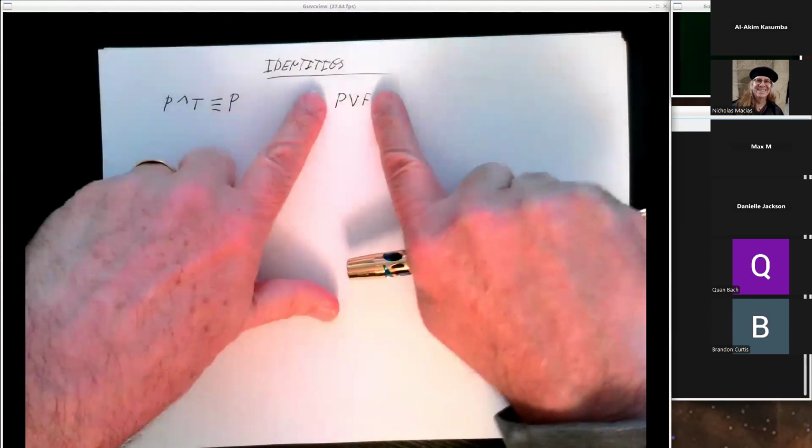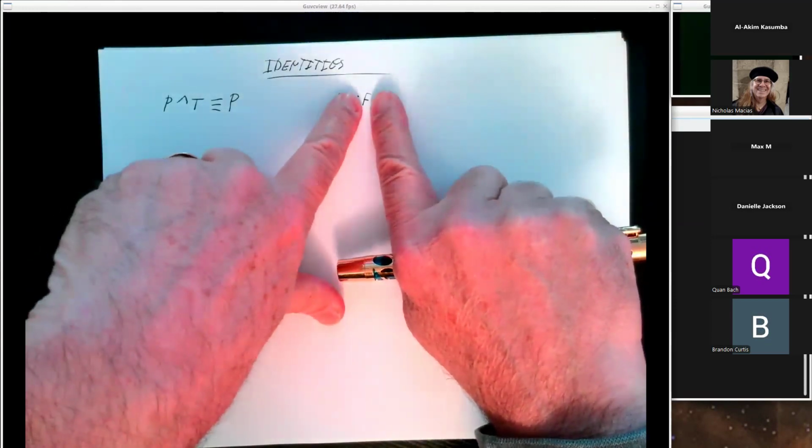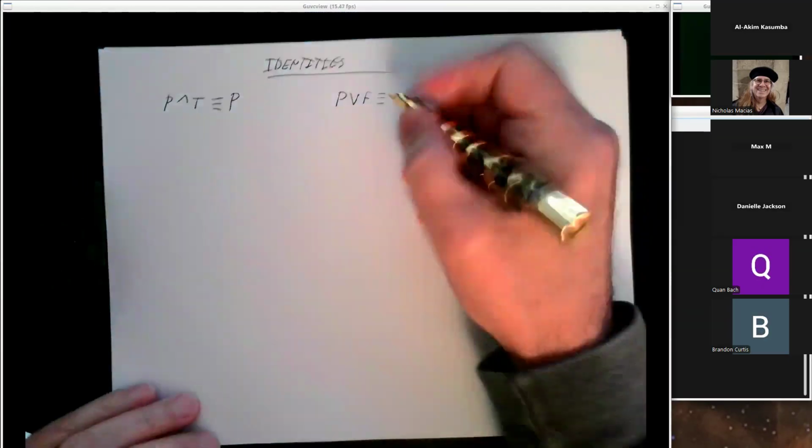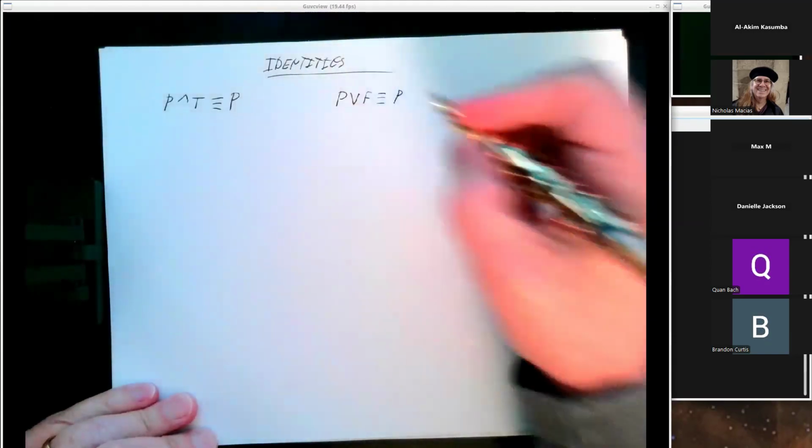So this is true exactly if P is true or if false is true. Well, false is never true. So this will be true exactly when P is true. So this is also logically equivalent to P.